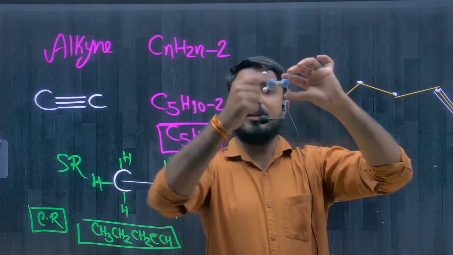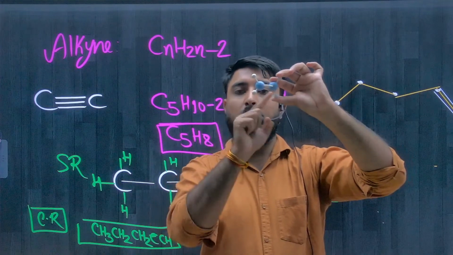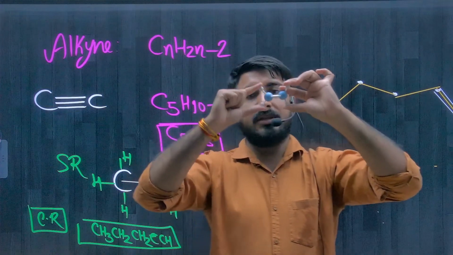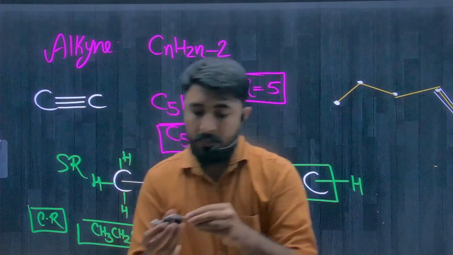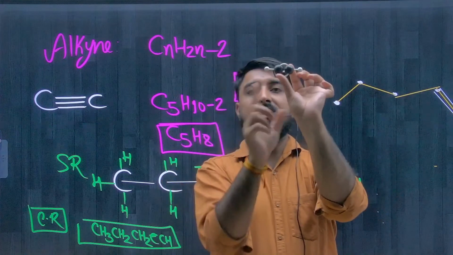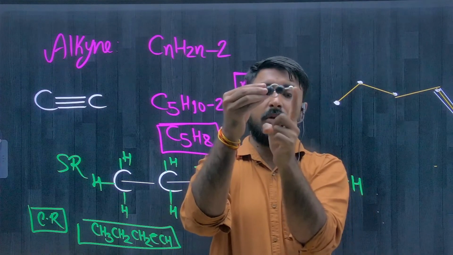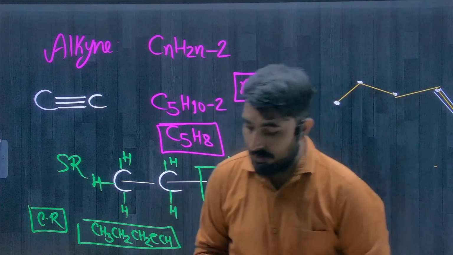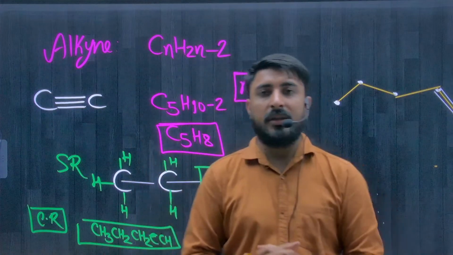So in an alkane there are 3 bonds made with hydrogen, but in an alkene, in the double bonded carbon, only 2 hydrogens make bonds, and similarly in an alkyne, because 2 carbons make 3 bonds, this terminal carbon has only 1 hydrogen and this terminal carbon has only 1 hydrogen. So that is the model representation of organic compounds. Thank you so much.